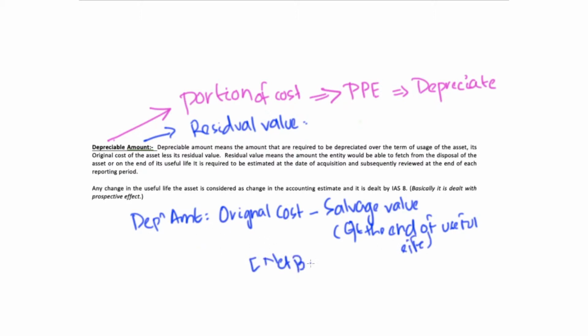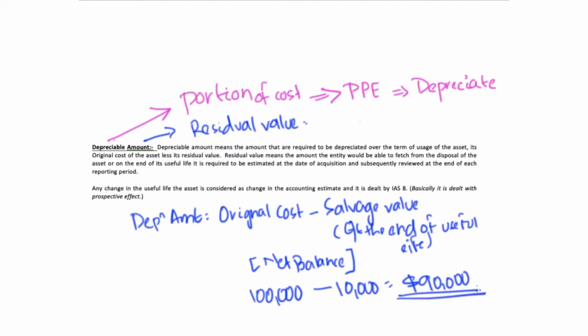That is what we call the depreciable amount, because this is the amount of our resource that we have spent, and this is what we're going to get after the retirement. Which means, suppose I spend $100,000 and I'm going to get $10,000, the total outflow of resource is $90,000. We will depreciate $90,000 over the useful life of the asset.